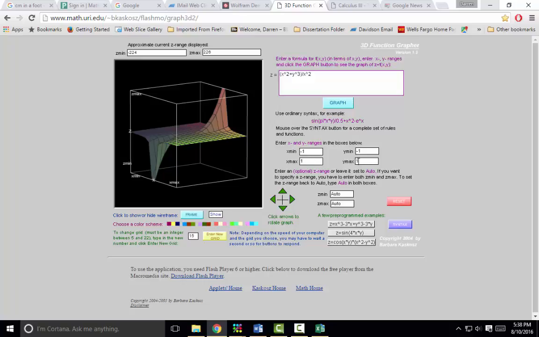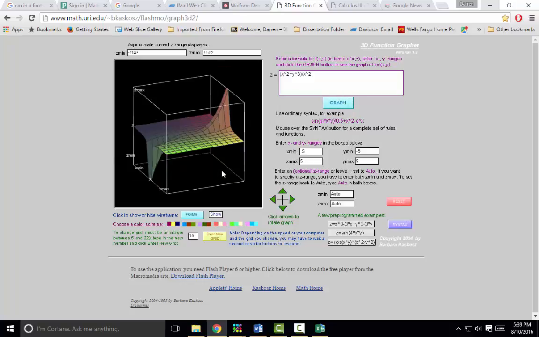Let's do y max. Let's make our negatives a little bigger just because this is fun. Make our negatives just a titch bigger, and then our maxes 5, and let's go 5 again, and then graph that sucker. Yeah, see, it's giving me the same thing. It's just bigger. Look at that.